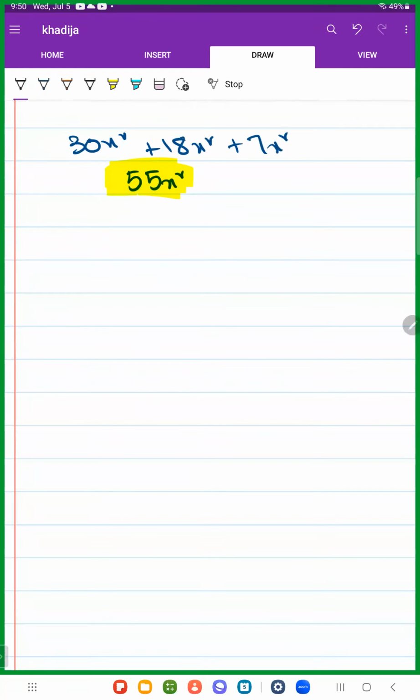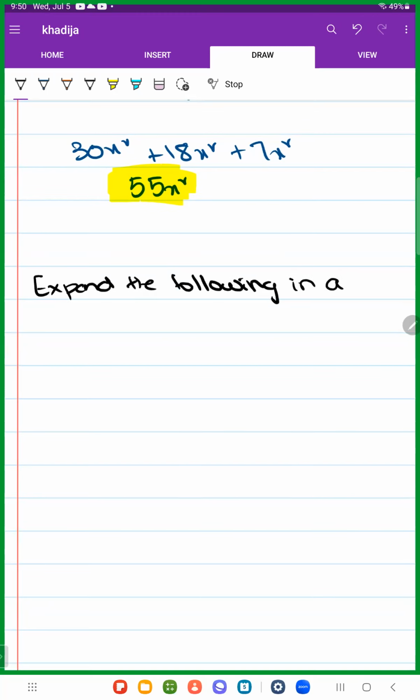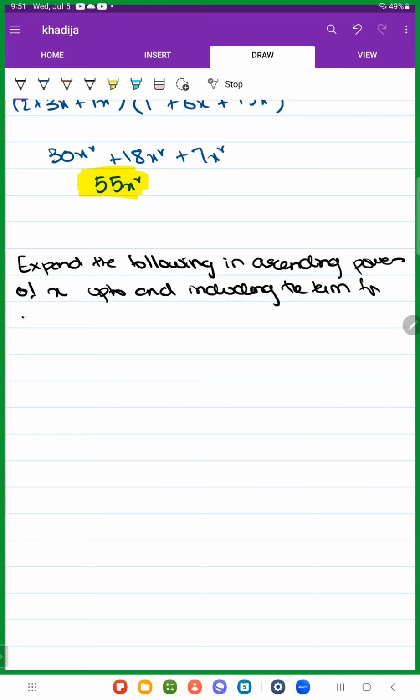Now the question says, expand the following in ascending powers of x up to and including the term for x squared.